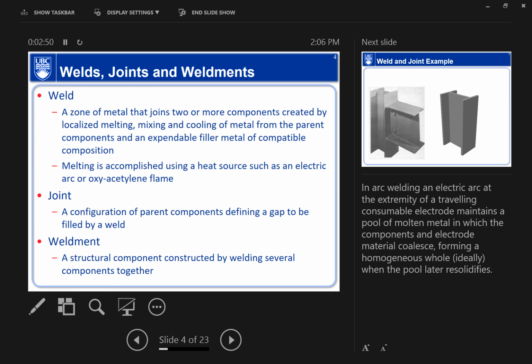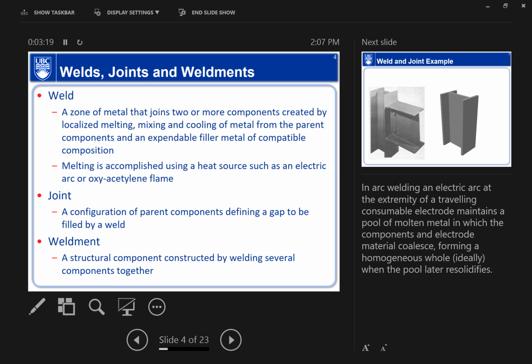As you're going to see later, I'll shortly introduce the different kinds of welds. When it comes to welding, it's always a coalescence of the pairing material and the feeder material together. The melting is accomplished using a heat source, mostly generated by an electric arc or oxyacetylene flame.